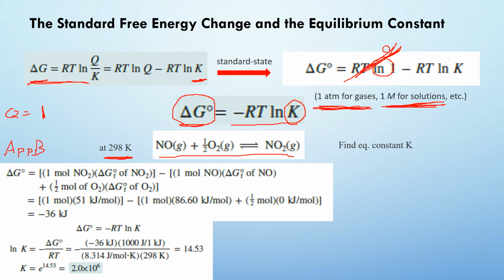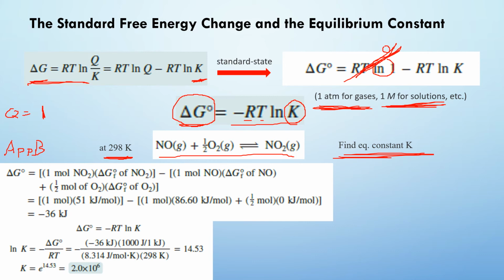If we know the delta G for this reaction, we can calculate the equilibrium constant. The first thing we need to do is find the standard delta G for this reaction, because T is given and R is a constant, so the only unknown will be the equilibrium constant.